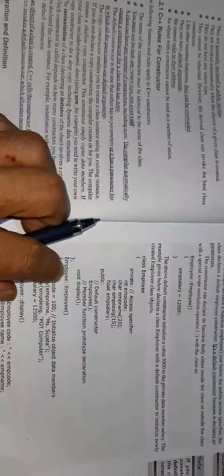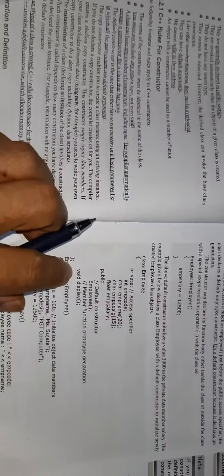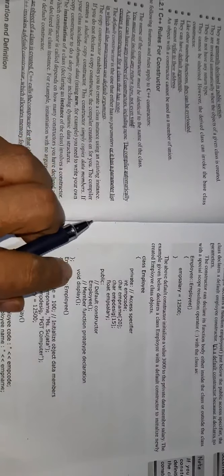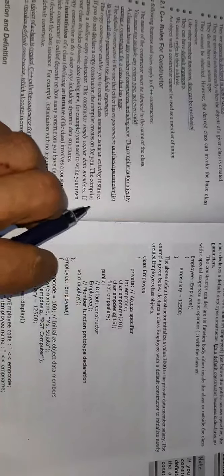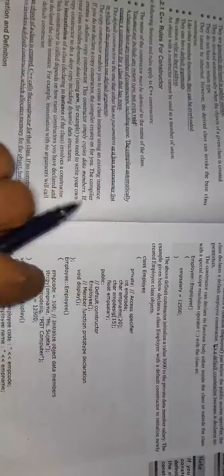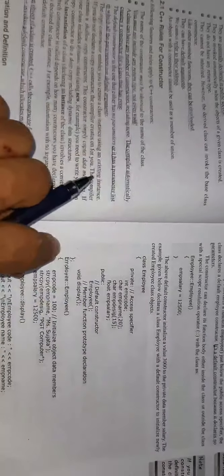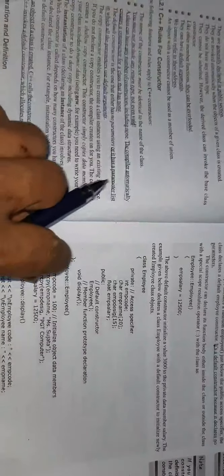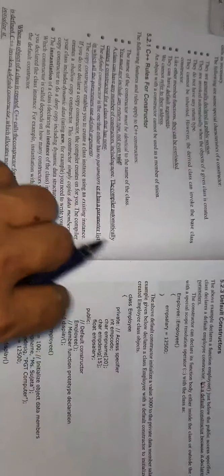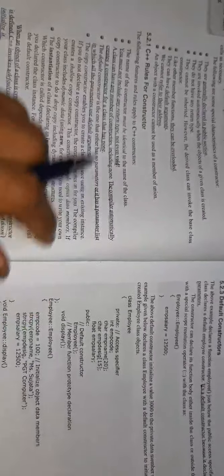So by default a constructor will be created by the compiler even if a constructor is not written. Then it will execute but without any return type, without any return statement. In that case the object itself does not get initialized by that constructor.